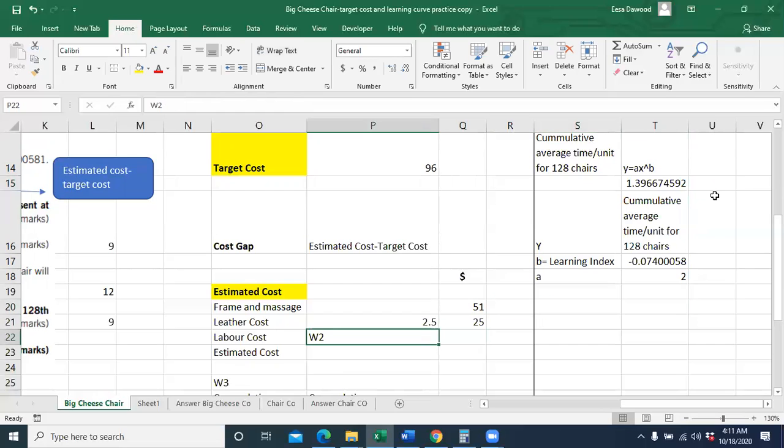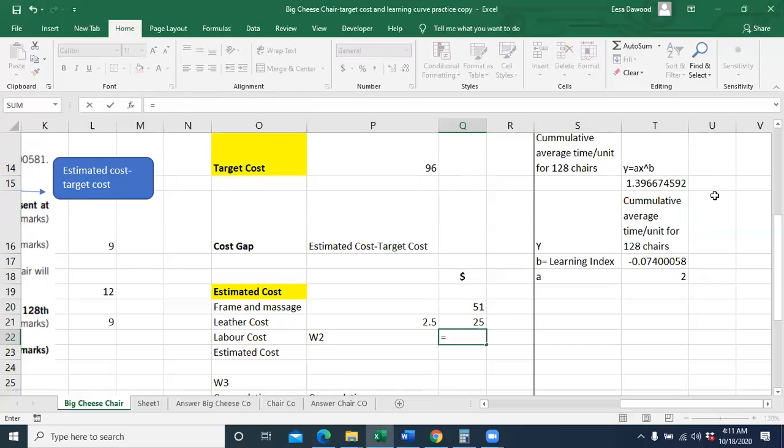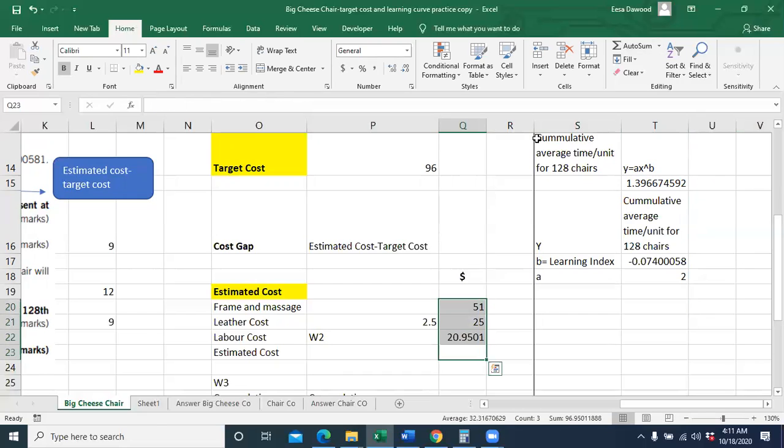And now I need to calculate the cost. So that's the time, right? And into 15, I got the labor cost. And now see, simply sum it up. Now the estimated cost is this. Now tell me, the target cost is already below the estimated cost. So do you think there's any cost gap here?